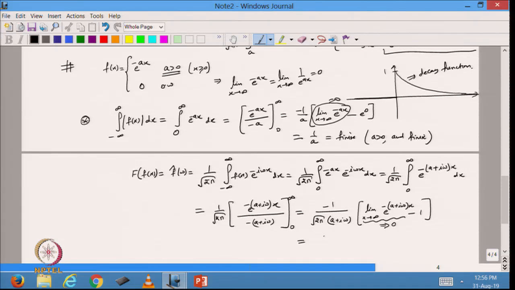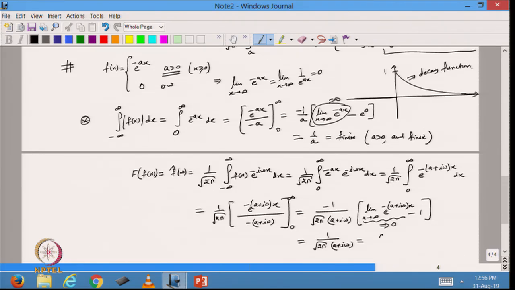So this expression will be equal to 1 over under root 2 pi (a plus i omega), because minus 1 and minus will cancel out. This we can further solve by multiplying by (a minus i omega).